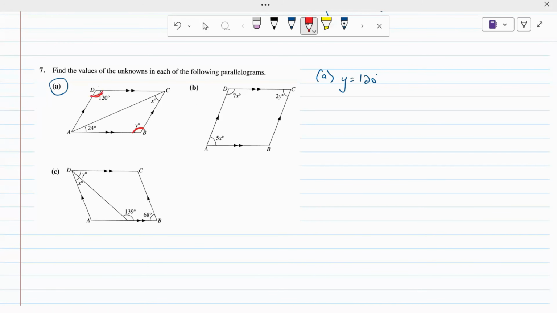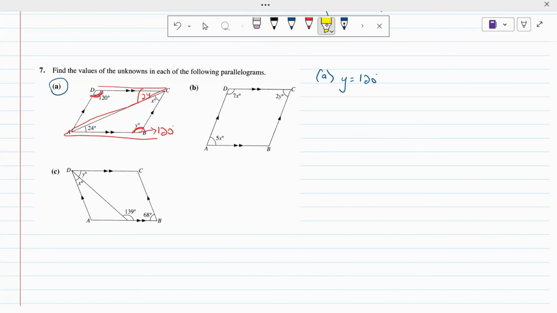Because of the letter Z, we'll have this angle as 24, but I don't think this would be of any use here, because we have already got the value of y. So there's no need for the parallel lines here. We have already got y, which is 120.